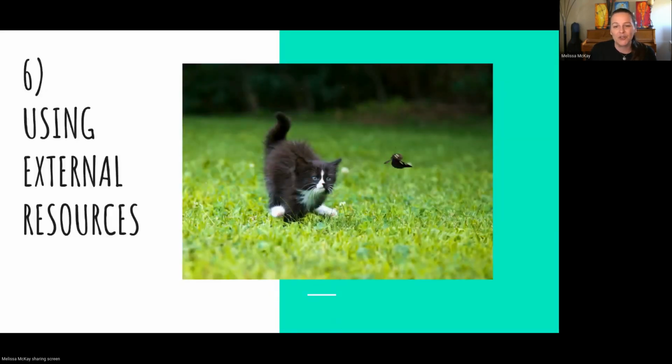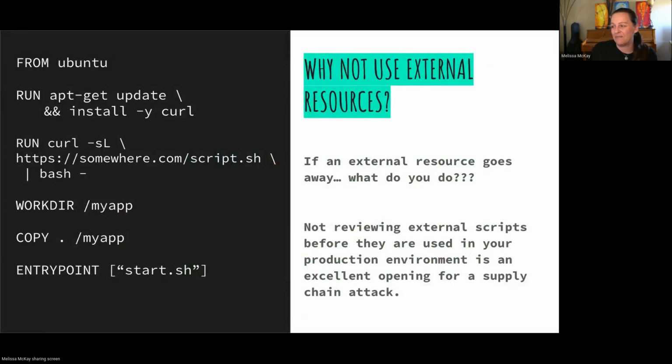Using external resources. I really like this picture of the kitty chasing this butterfly because that's exactly what we were doing in our Dockerfile. There's a little bit of paranoia here, but I'm going to explain why this was such a problem.